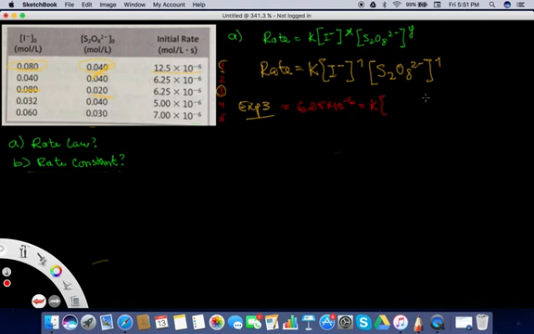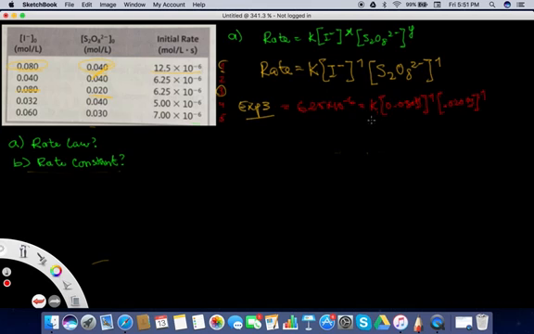and specifically in experiment 3, the molarity of iodide was 0.080 to the first power, times the molarity of peroxodisulfate. Specifically in experiment 3, it's 0.020 to the first power because x is equal to 1 and y is equal to 1.